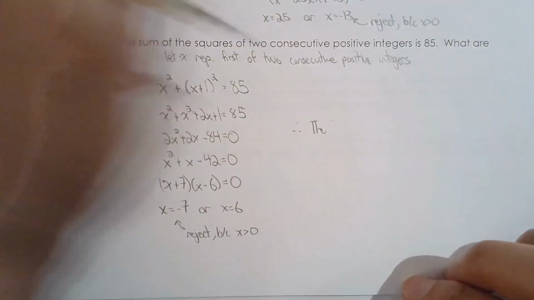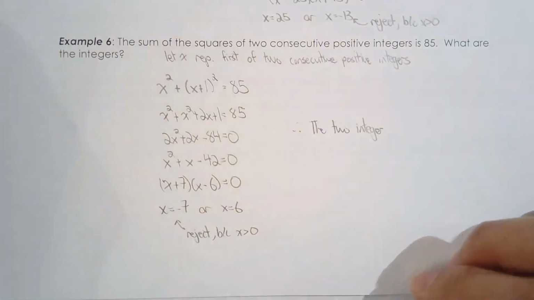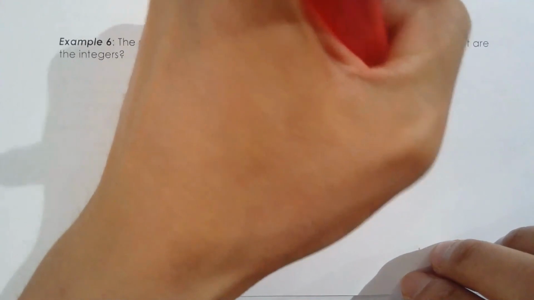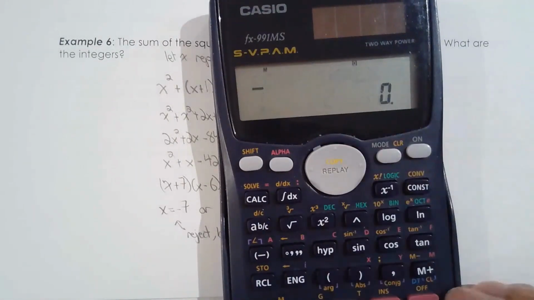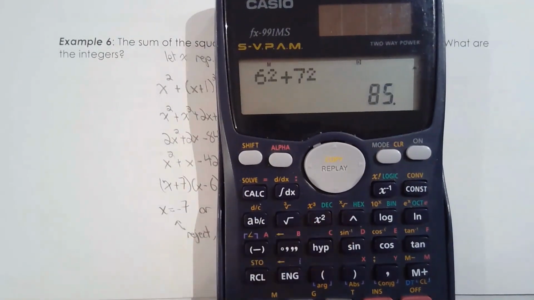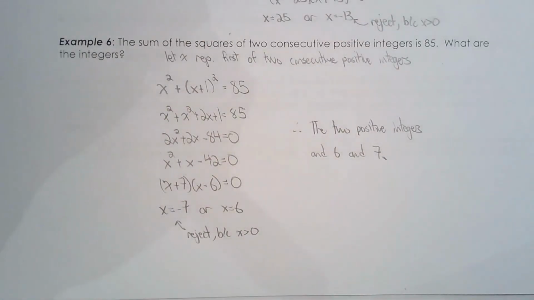Therefore, the two positive integers are 6 and 7. Let's quickly check: what's 6 squared and what's 7 squared? 6 squared and 7 squared. Oh yes, 85. Perfect. Feeling good.